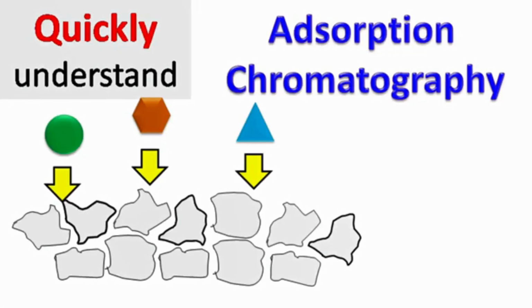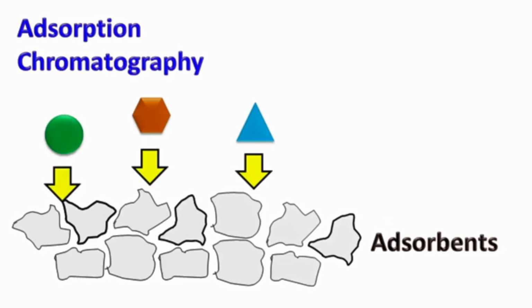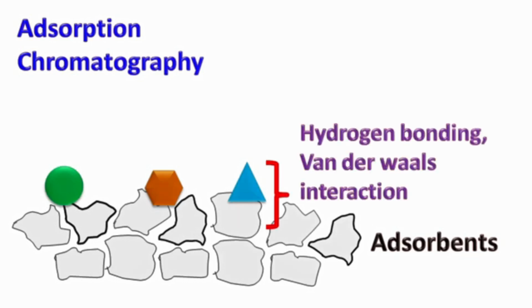Here, one quick biochemistry basics. Let's talk about adsorption chromatography. Adsorption chromatography is based on the fact that certain solid materials known as adsorbents have the ability to hold molecules on the surface by the phenomenon of adsorption. The adsorption process usually involves attractive forces like van der Waals interaction and hydrogen bonding.